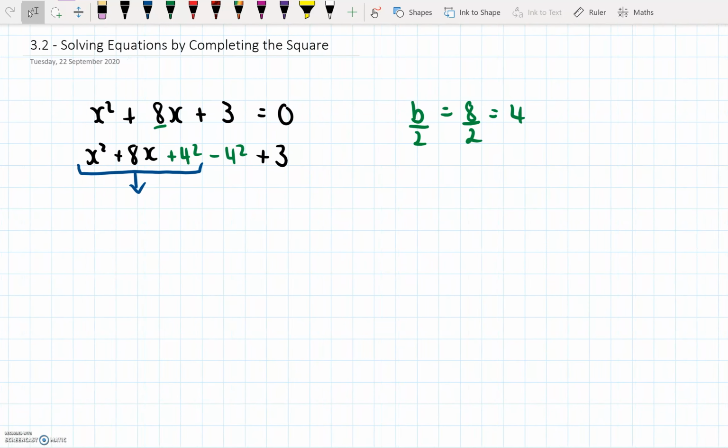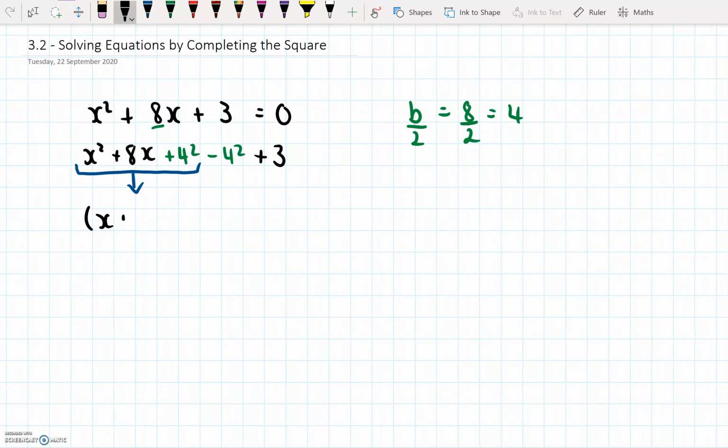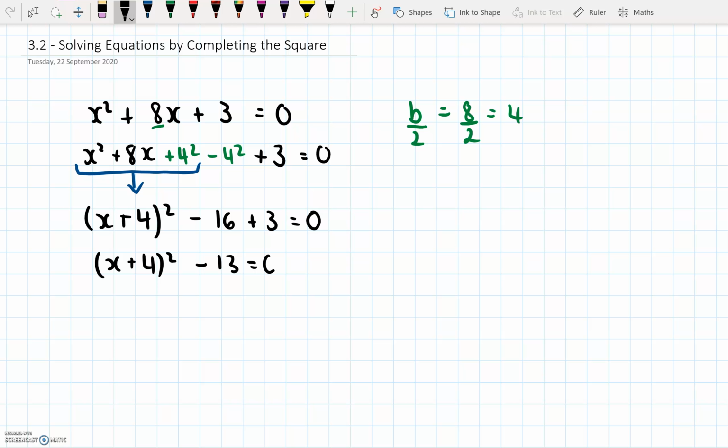So we have x plus 4 squared minus 16 plus 3 is equal to 0. So we have x plus 4 squared minus 13 equals 0.